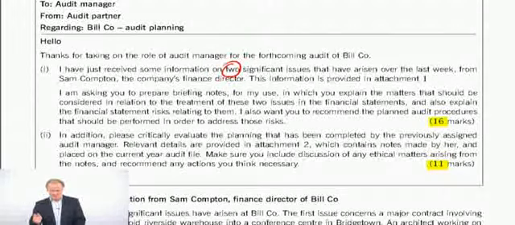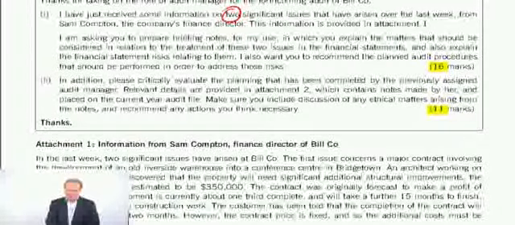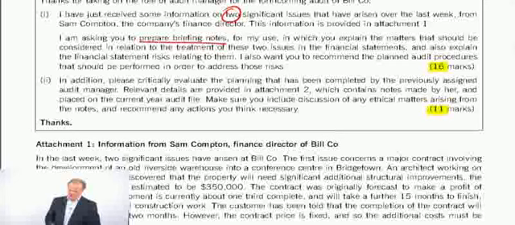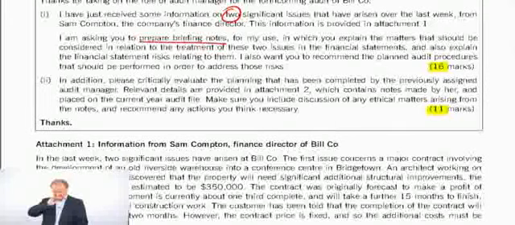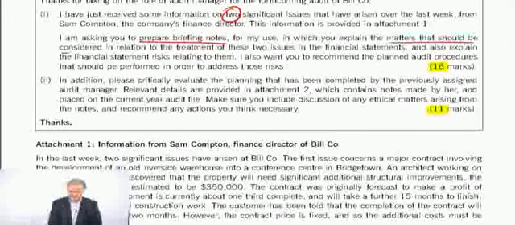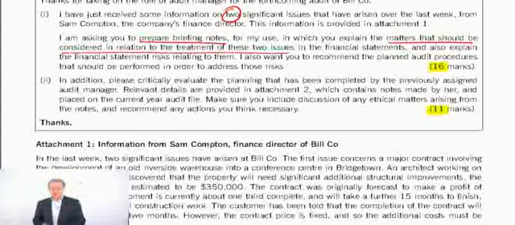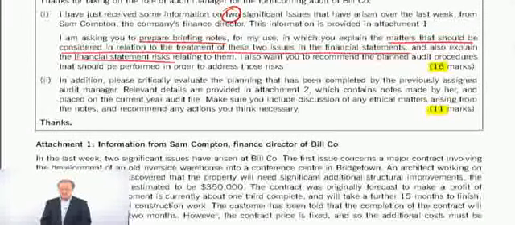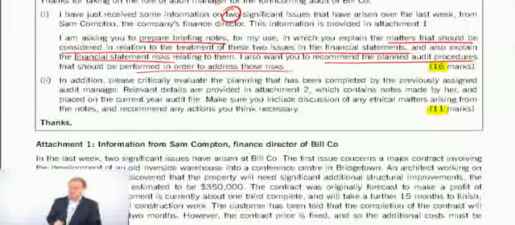I am asking you, right, here's the requirement, to prepare briefing notes for my use in which you explain the matters that should be considered in relation to the treatment of these 2 issues in the financial statements and the financial statement risks, so risks of material misstatement relating to them. I also want you to plan the recommended audit procedures to address those risks.